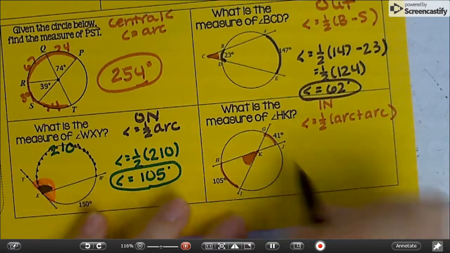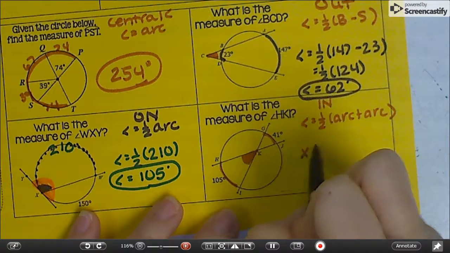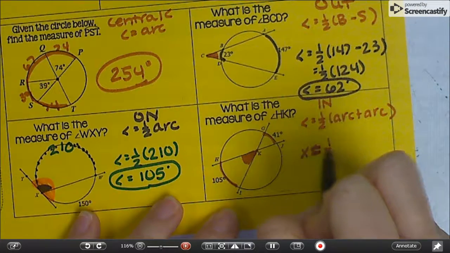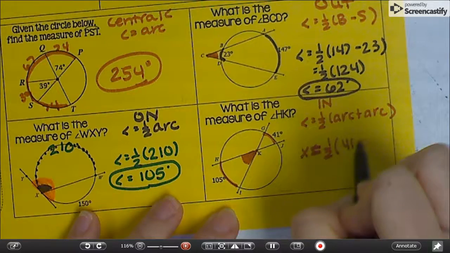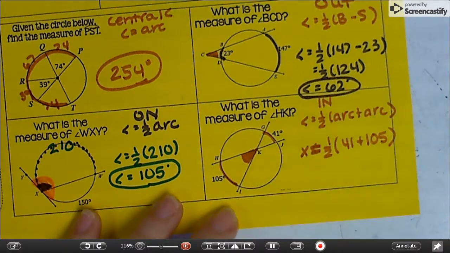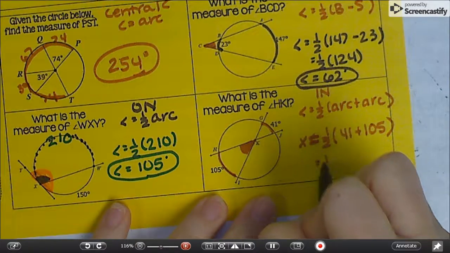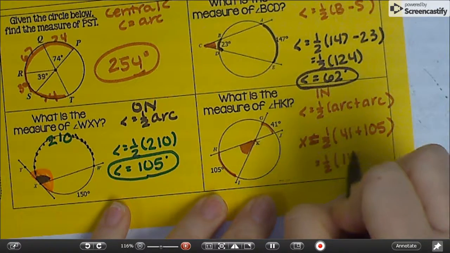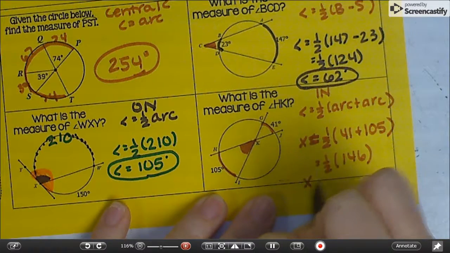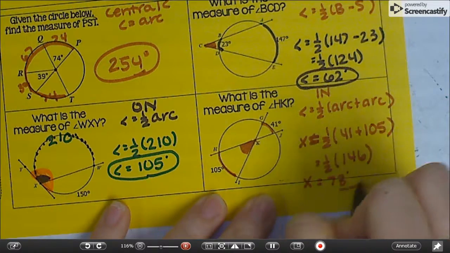We don't know the angle, so that's x. Equals 1/2. And it doesn't matter which order you put the arcs in, arc plus arc, because addition is commutative, so that could go either way. So 1/2 of 146, so that angle is 73 degrees.